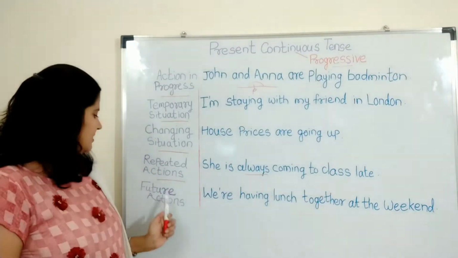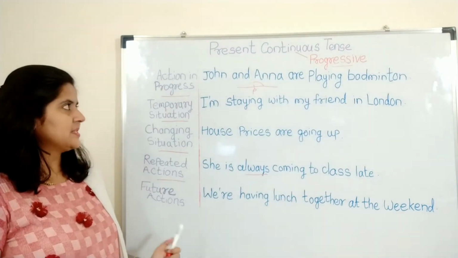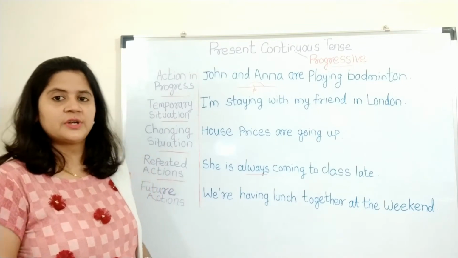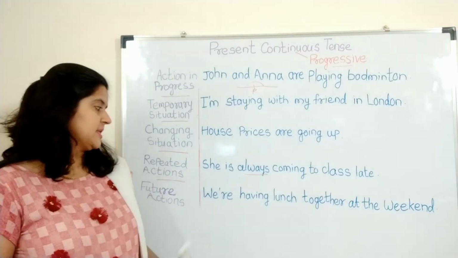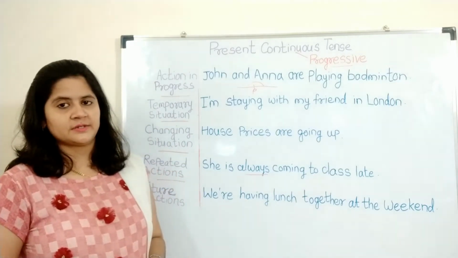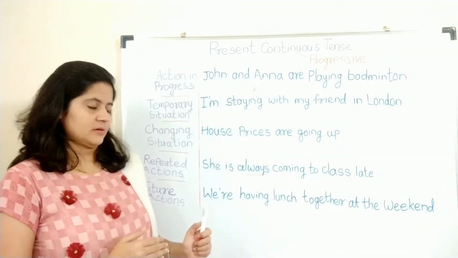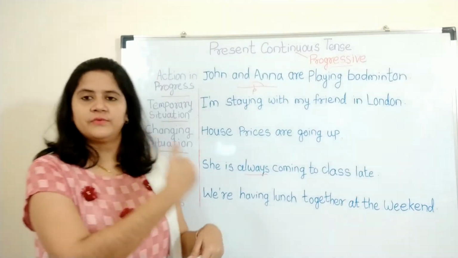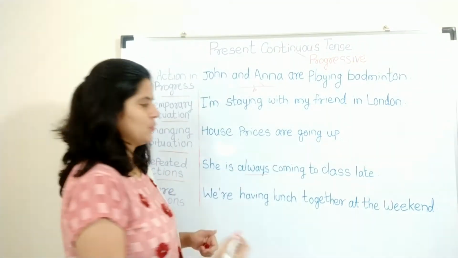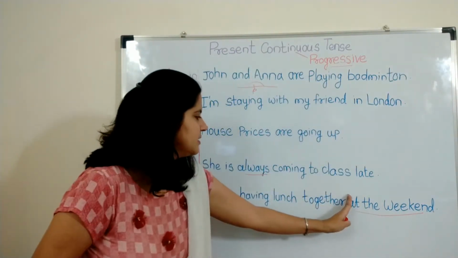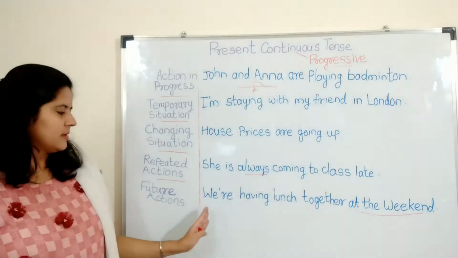Okay, then we use present continuous tense to show future actions. For example, we are having lunch together at the weekend. Here it is not going on right now. It will happen in the future. If I remove at the weekend, okay, then what meaning will we get?